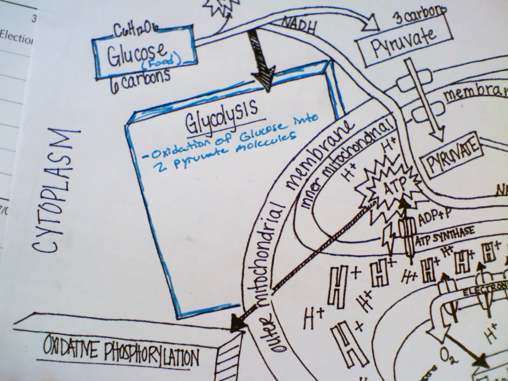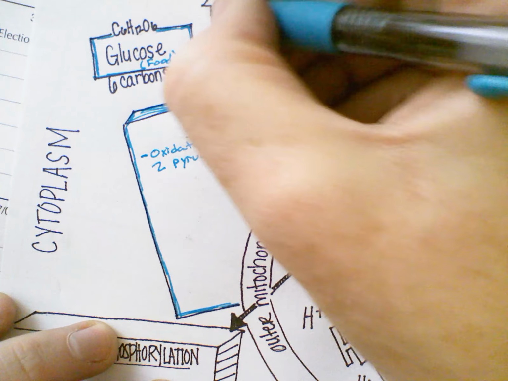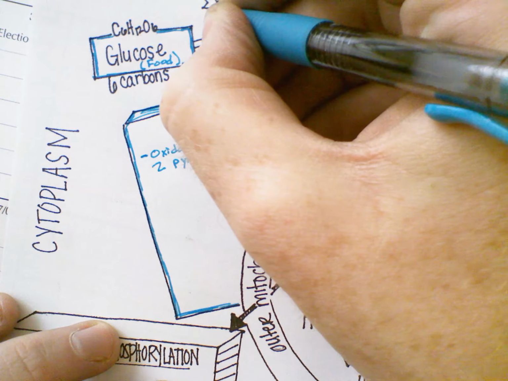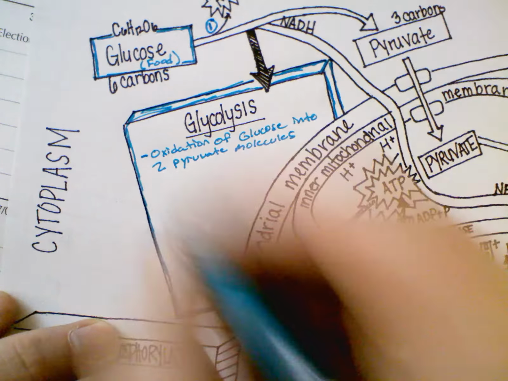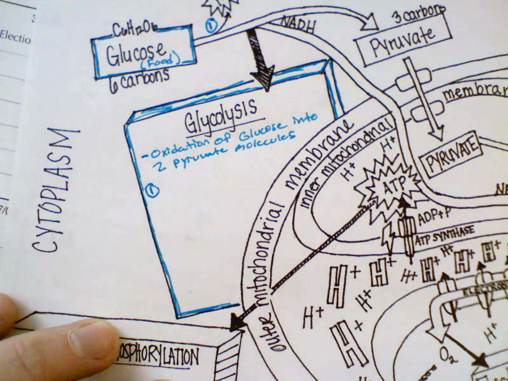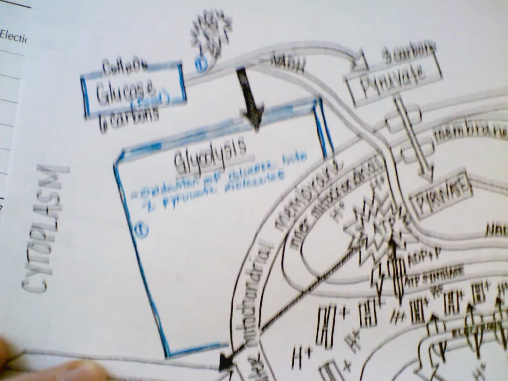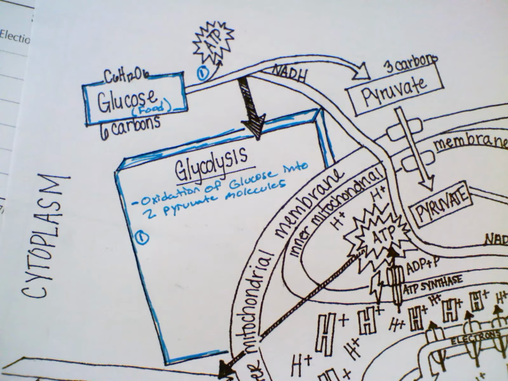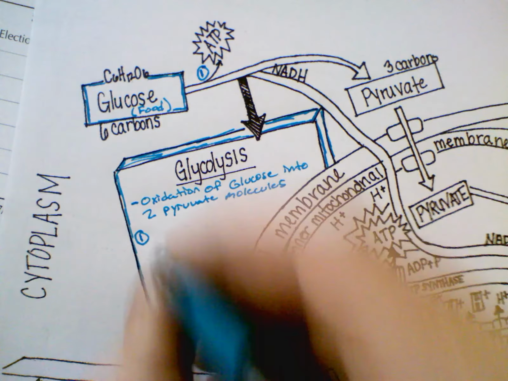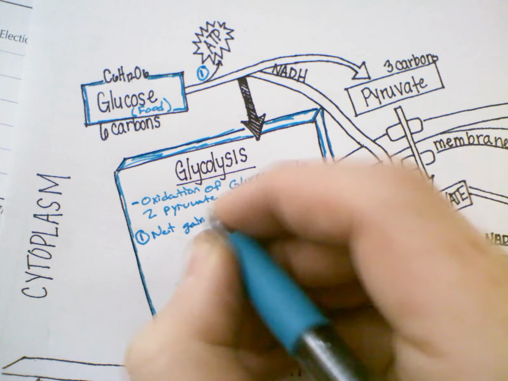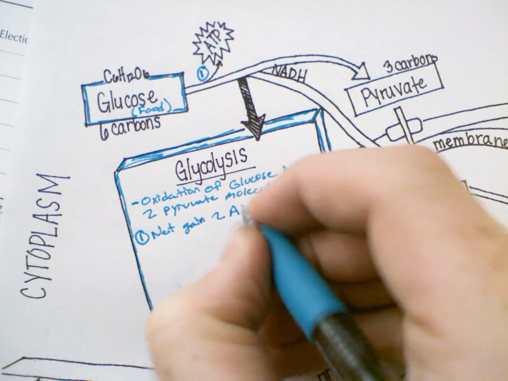Okay, so step 1 that I want you to know about glycolysis is occurring right here, where we generate some ATP. One thing that I want you to know about glycolysis is that we have a net gain of 2 ATP.